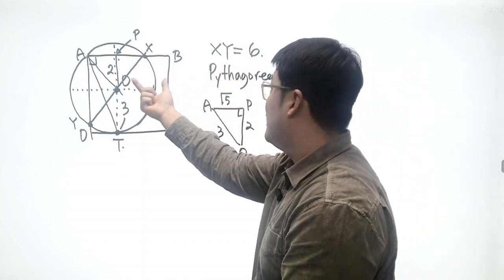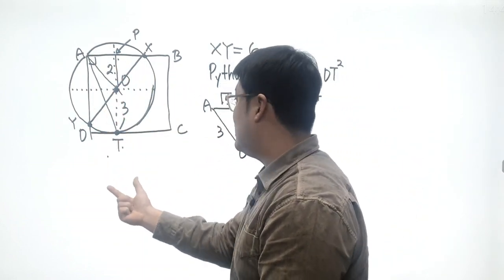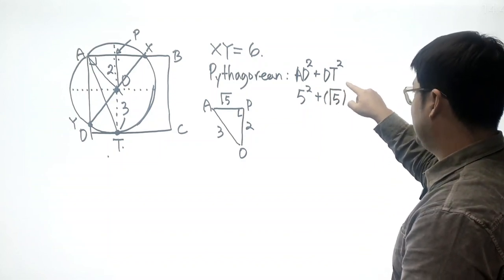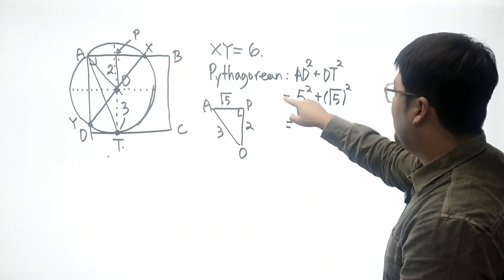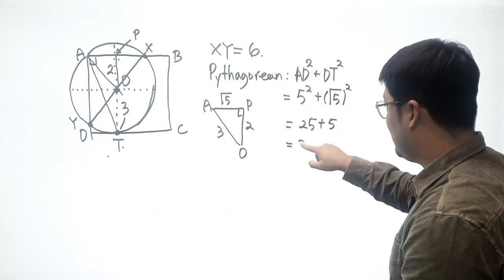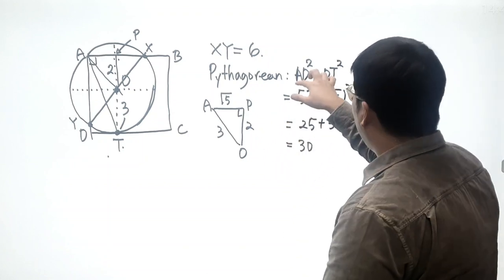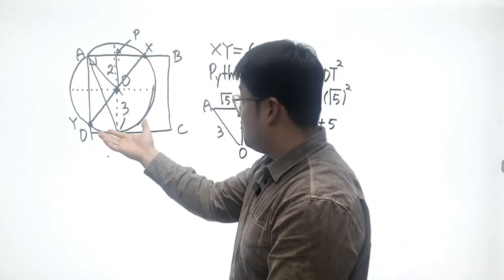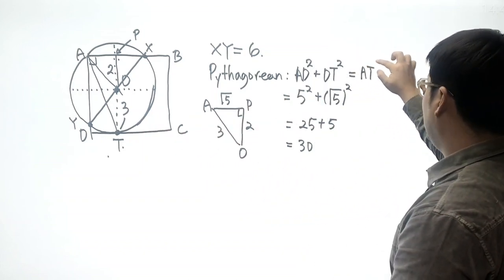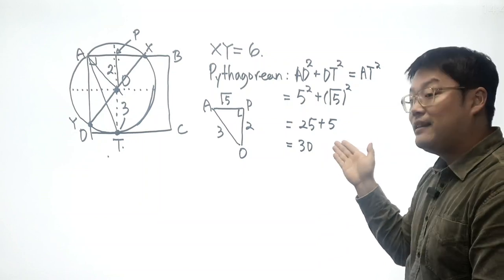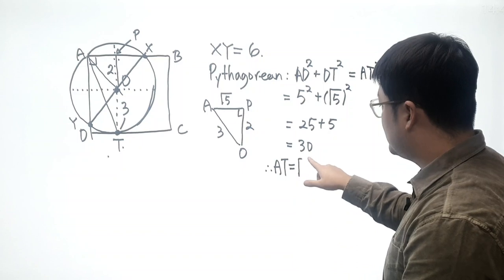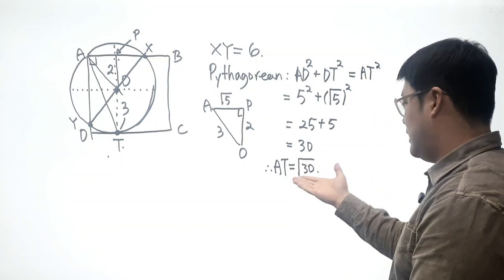So AP is exactly congruent to DT, so that becomes root 5 squared. Well, these are all 25 plus 5, and that becomes 30, right? Since we get AD squared and DT squared, the sum of those values turns out to be AT squared, and AT is supposed to be the square root of 30, and that shall be it.